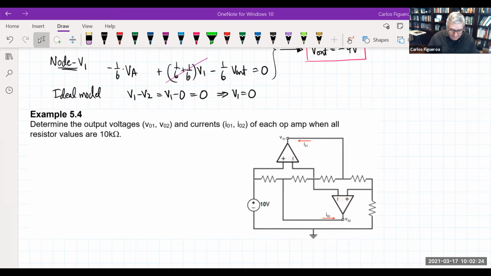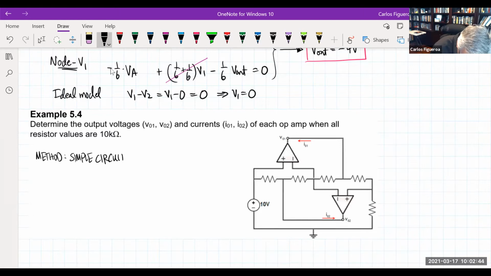is that my first method that I'm going to do is I'm going to do simple circuits. So I'm going to go in here and I'm going to say the method, and I'm going to use simple circuits.